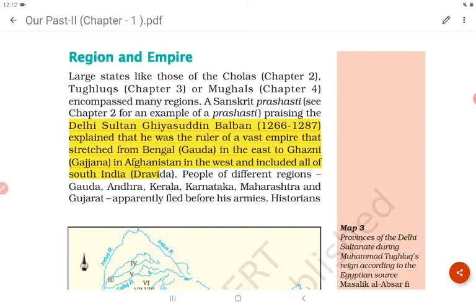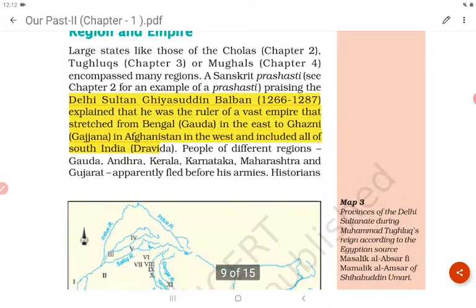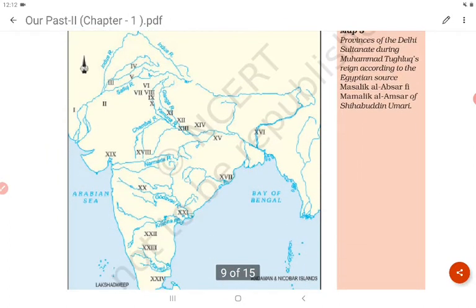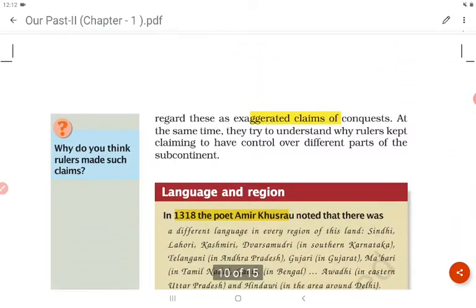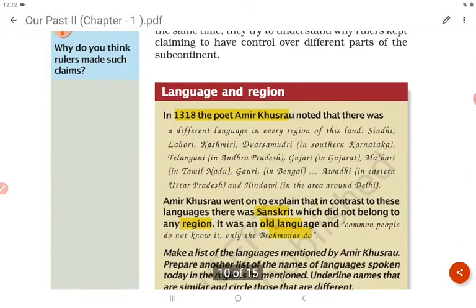People of different regions, Gauda, Andhra, Kerala, Karnataka, Maharashtra, and Gujarat, apparently fled before his armies. Historians regard these as exaggerated claims of conquest.